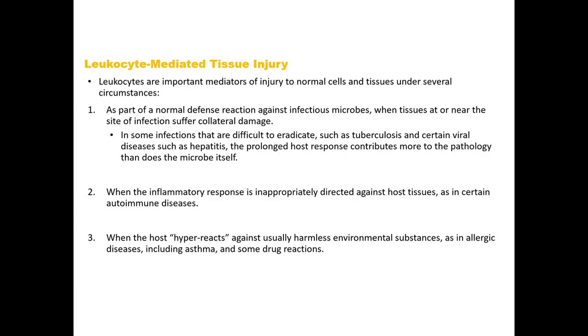In some infections that are difficult to eradicate, such as tuberculosis and certain viral diseases such as hepatitis, the prolonged host response contributes more to the pathology than does the microbe itself. Because of the chronicity of the pathological condition, it will contribute to the damage more than the microbe itself.